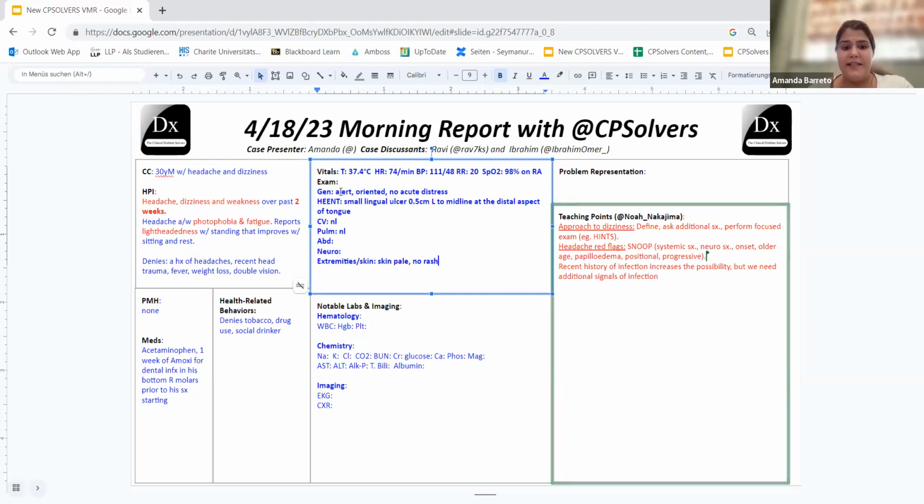No focal deficits, and cranial nerves intact, no weakness, oriented in person, time, and place. I can give you some labs.